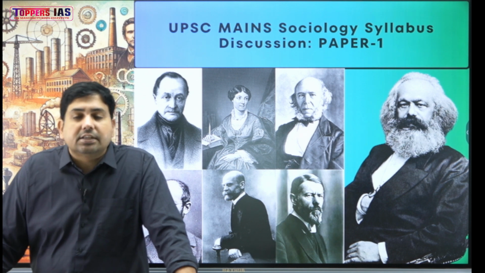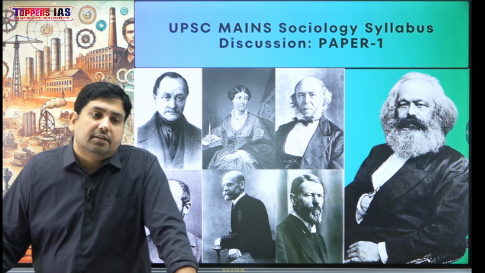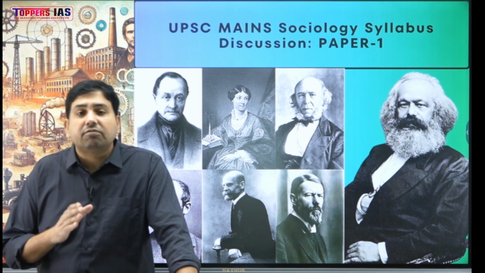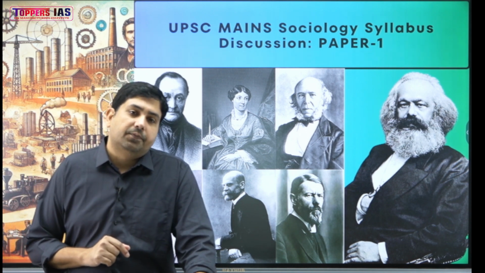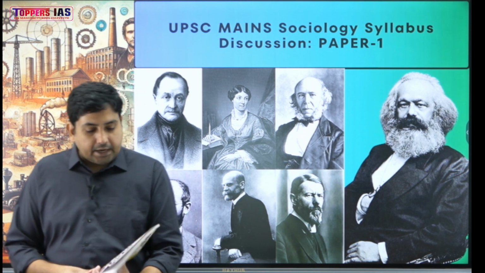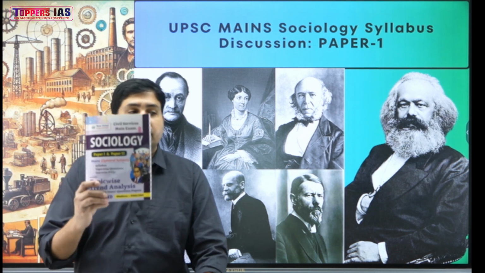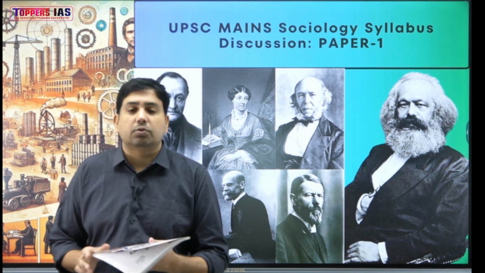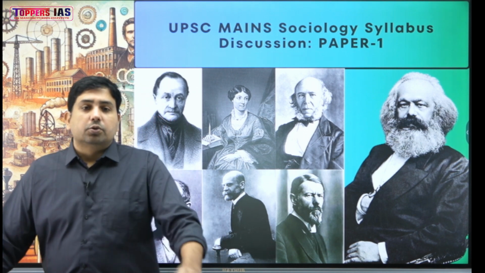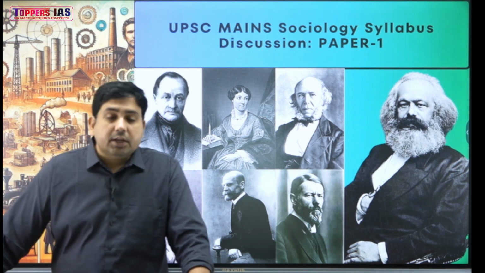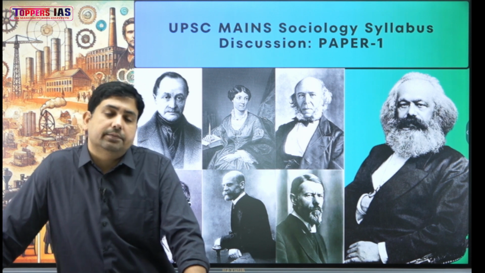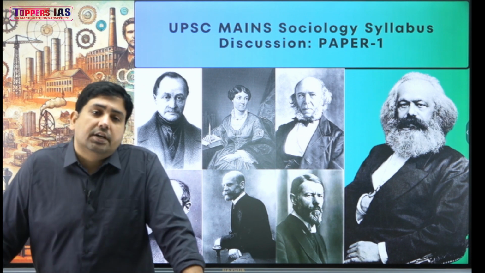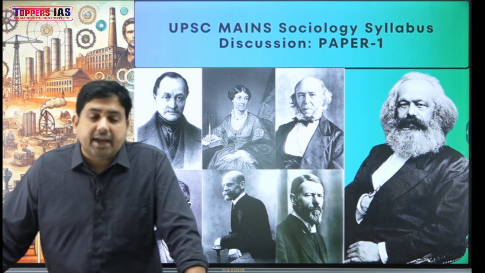Now if you have seen the syllabus, there are 10 units, 10 topics in the first paper of sociology. You might have seen the New Vishal sociology, or you can purchase it from a bookstore. That is very good. Here you will find the syllabus of sociology, and it also includes topic wise trend analysis.